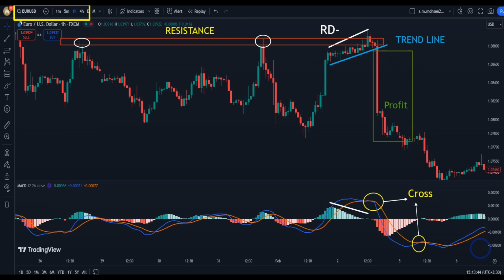Additionally, I drew the lower trend line of the ending pattern and identified its breakout as the entry signal. For the target, the MACD and signal line crossover at the lower levels serves as the exit point or profit target. This ending pattern is a perfect example of the setup.